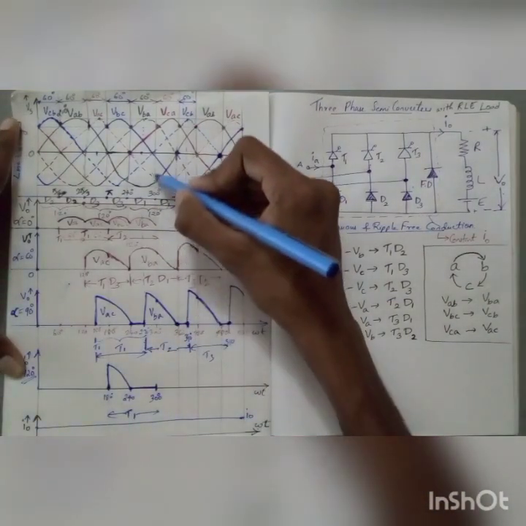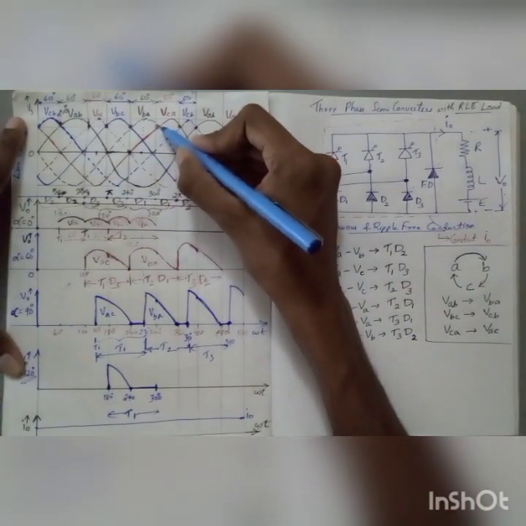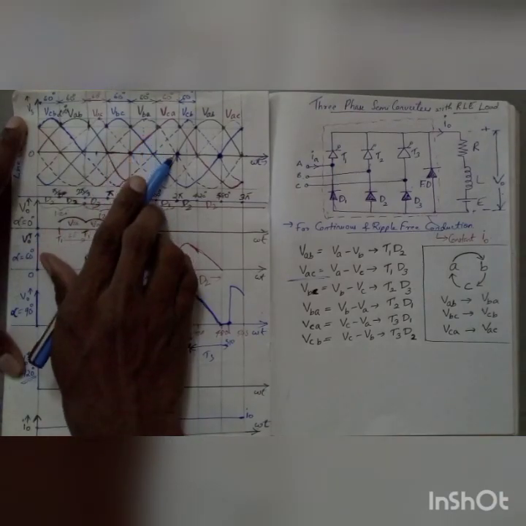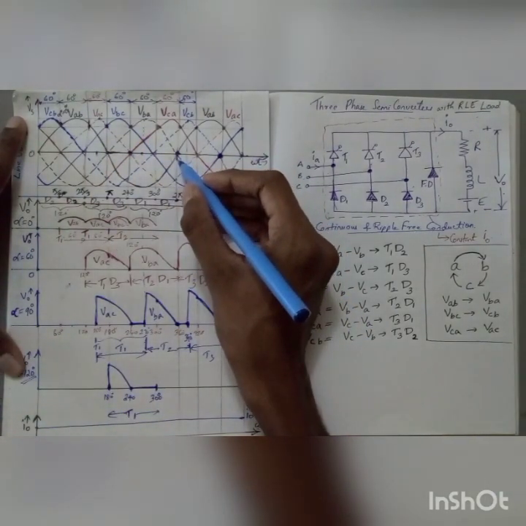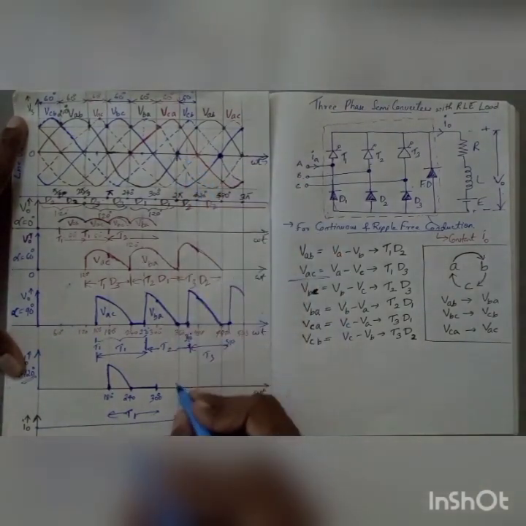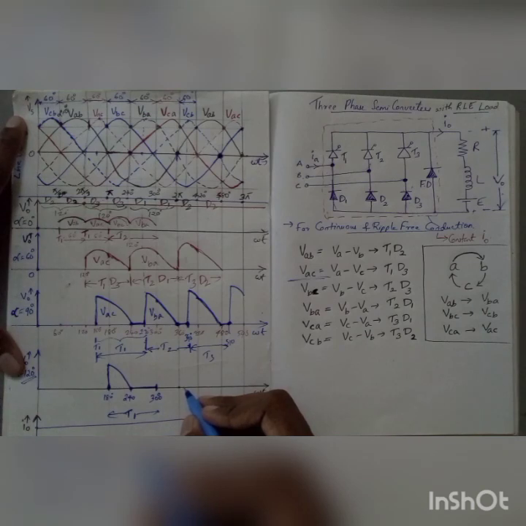At 300 degree, V0 will take the path of VBA. Hope it is clear for you. Up to 360 degree, V0 will take the path of VBA.